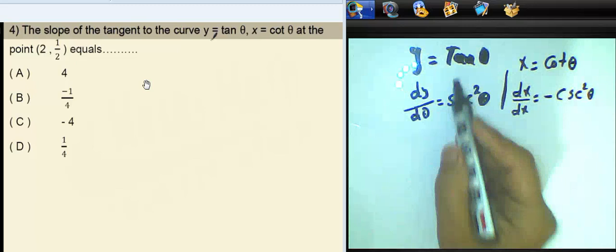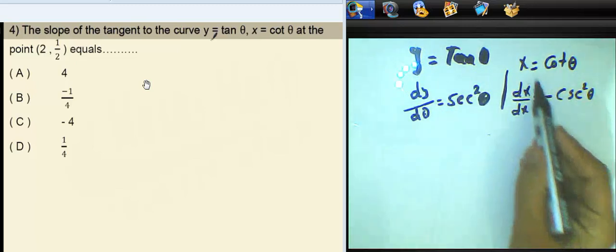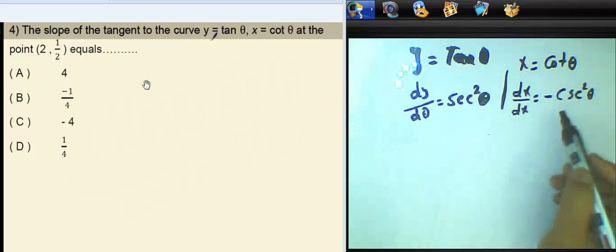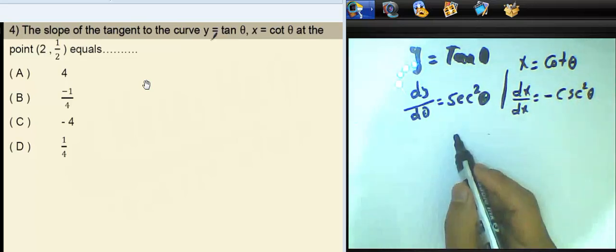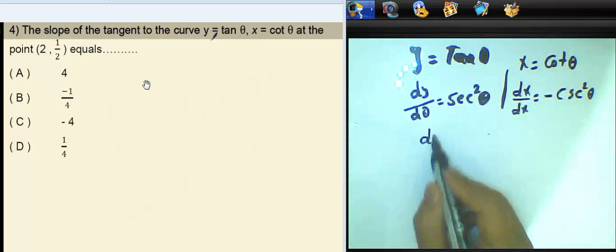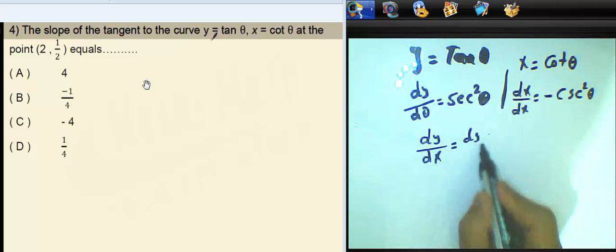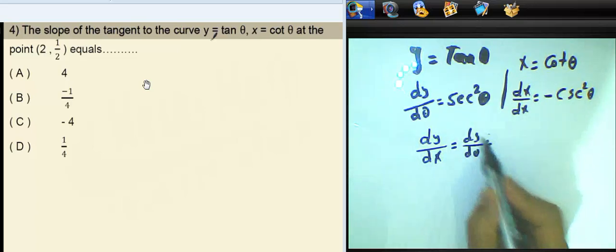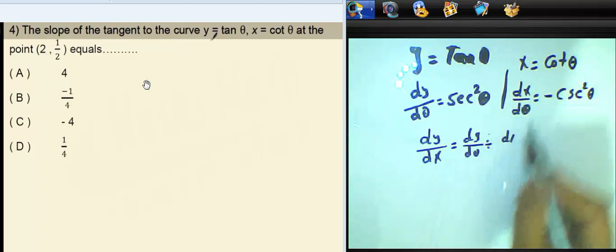Again, the derivative of tan is sec squared theta, and the derivative of cotan theta equals negative cosec squared theta. He asked about the slope of the tangent to the curve, so we must find dy over dx by dividing dy over d theta by dx over d theta.